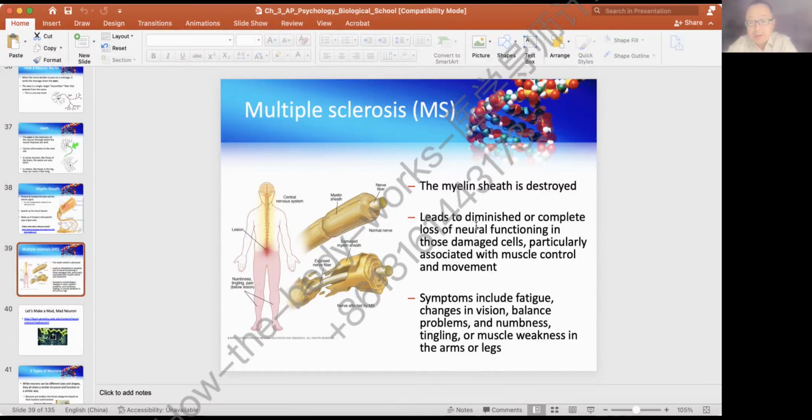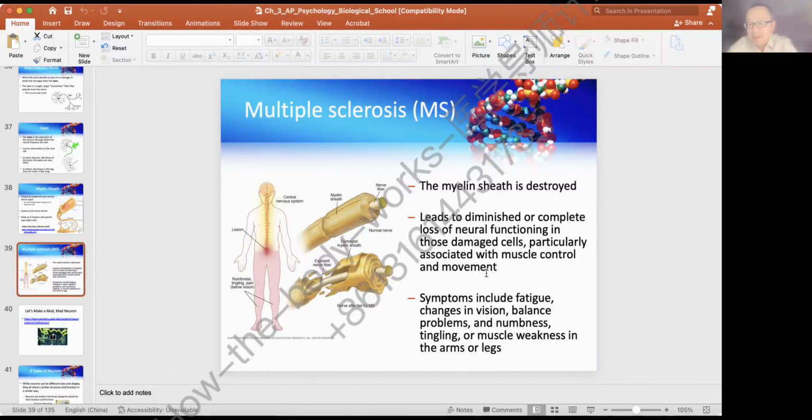So it leads to diminished or complete loss of neuron functioning in those damaged cells, particularly associated with muscle control and movement. So MS patients cannot finish fine or tiny movements as accurately as they previously could.